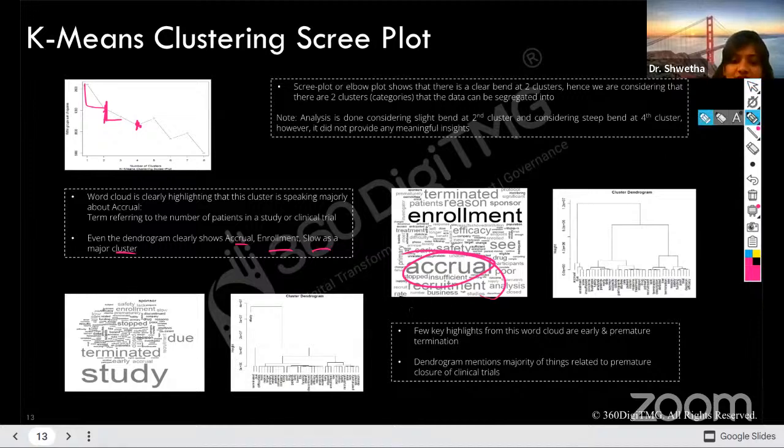Some of the highlights of these word clouds would be early and premature termination. The dendrogram also mentions a majority of things related to premature closure of clinical trials. So the most words talked about are these.